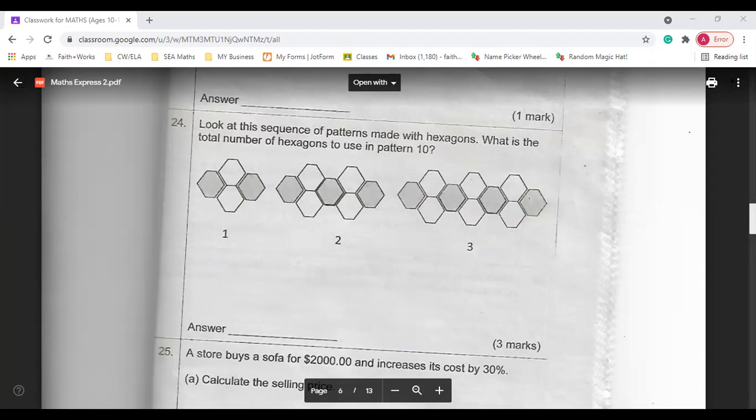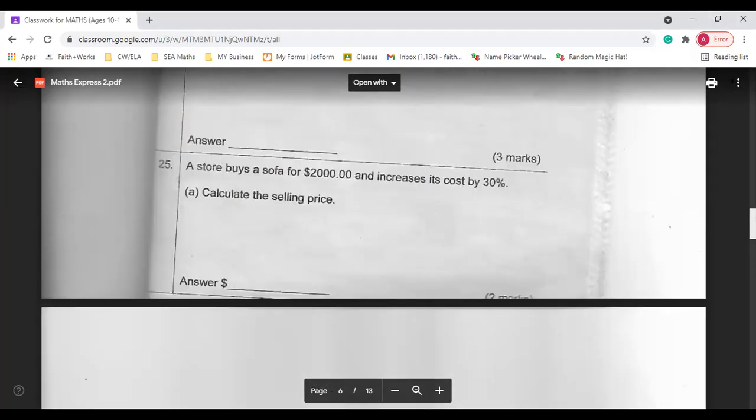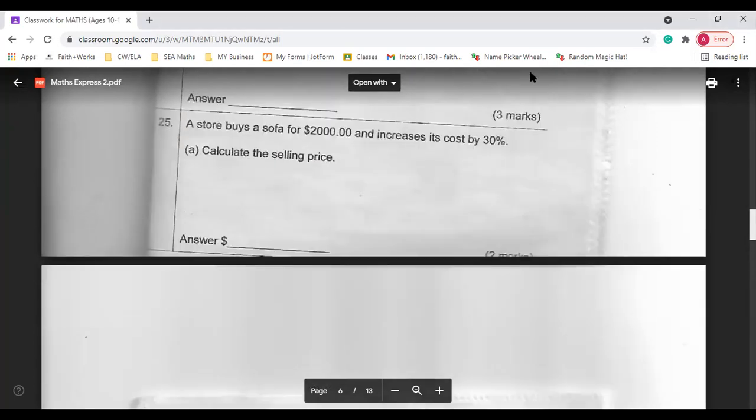Number 25. All right. So this one states a store buys a sofa for $2,000 and increases its cost by 30%. Calculate its selling price. So increases its cost, right? That's the same as the profit.